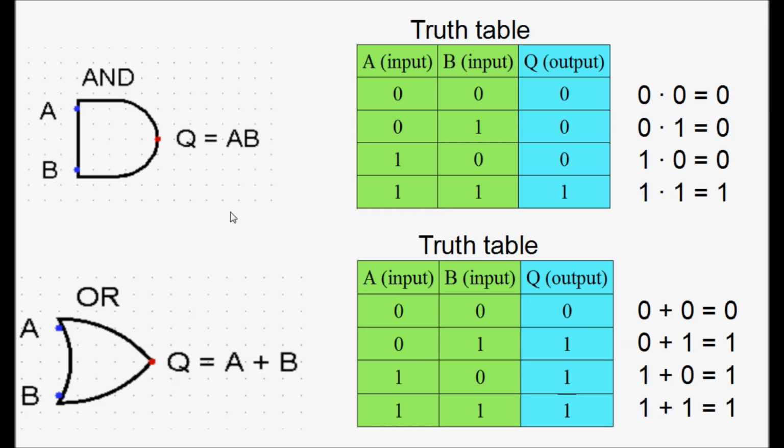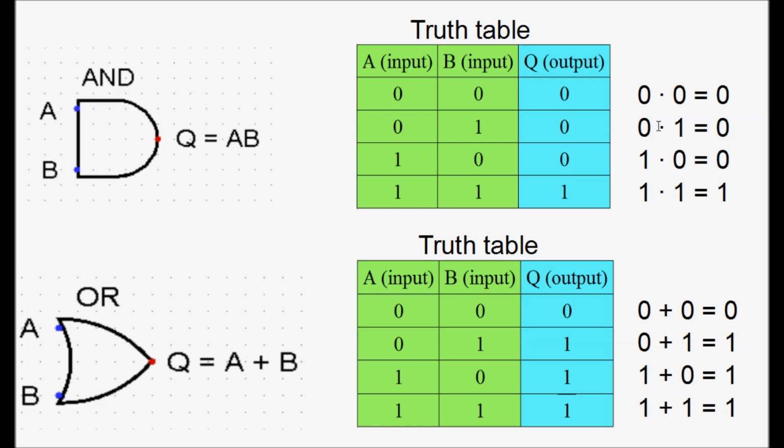As we know, the equation for the output of AND gate is A times B. So for AND gate, we have to multiply our inputs to get the output. Now, if we multiply 0 by 0, the result is 0.